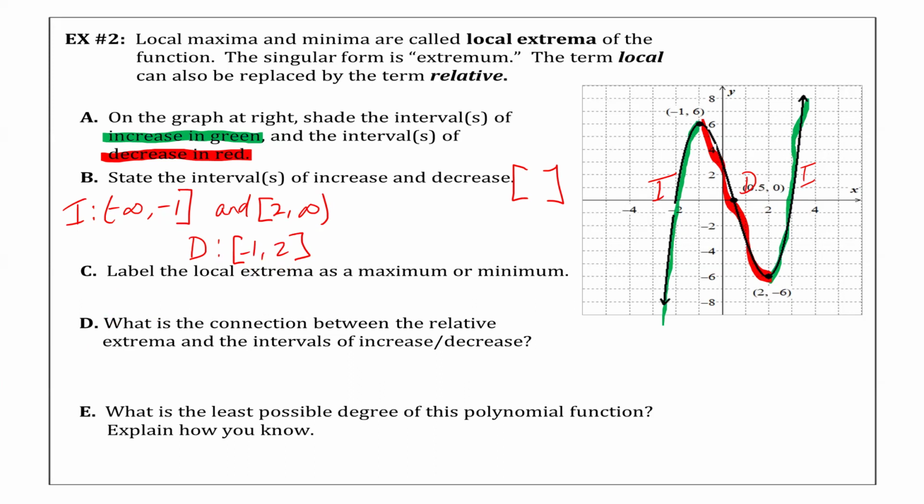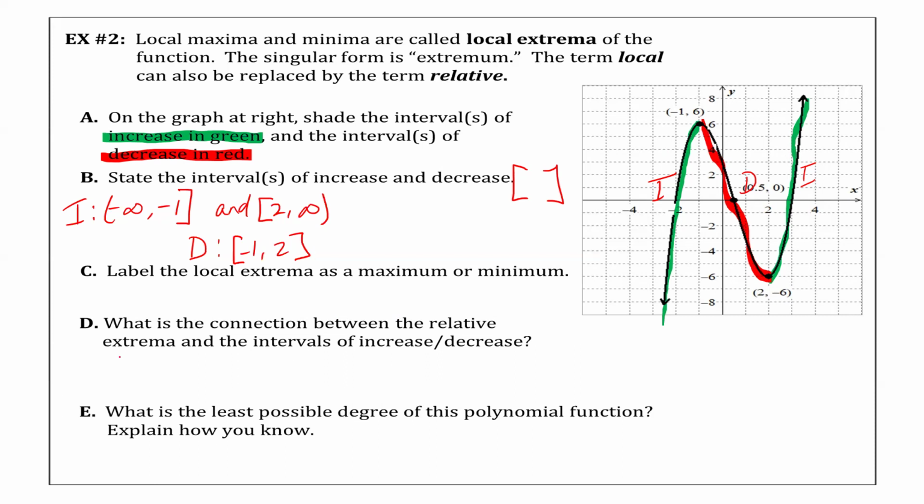Okay. On C, this is where our extrema come in. Anytime it asks for an extrema, that means you're asking for a maximum or a minimum. That's what extrema means. Think about extreme: what's your extreme high and extreme low? So we're going to ask ourselves where they are, and we're going to label them on the graph. Again, for maximums, we're looking for mountains, and for minimums, we're looking for valleys.